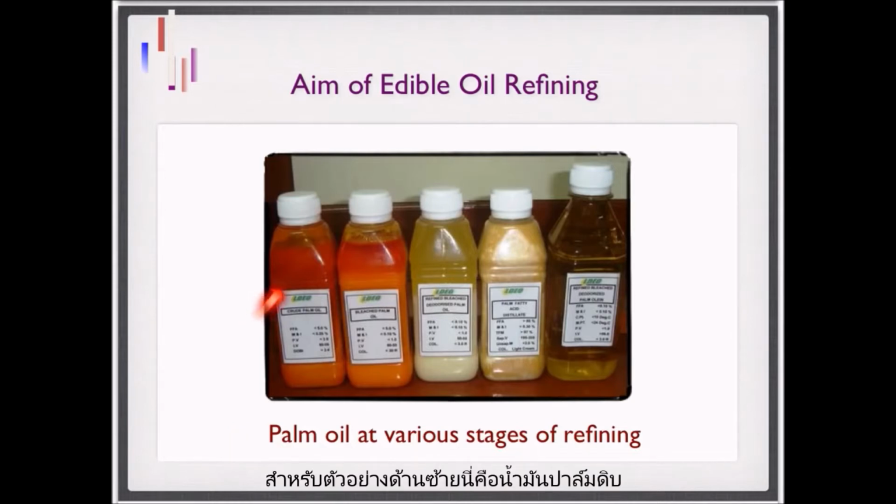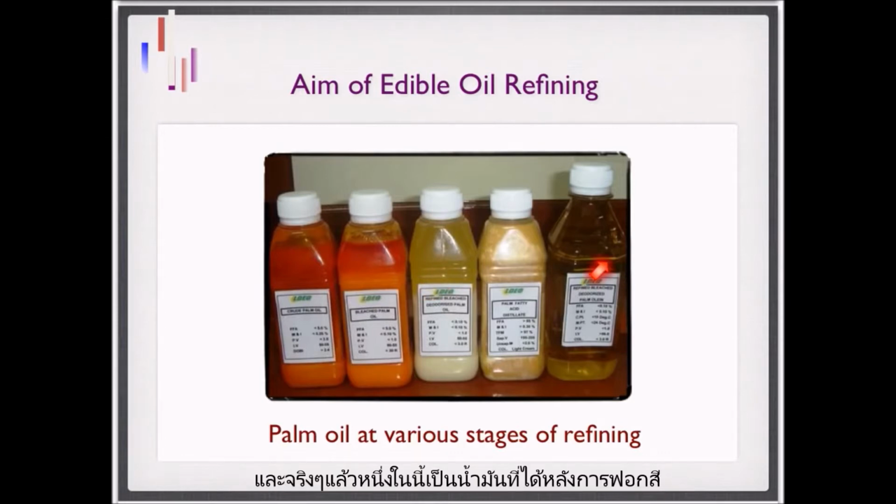So for example, on the left here, this is a crude palm oil. Then after the bleaching stage to remove the pigments, you can see the color is lighter. So this is a bleached palm oil. Then in this picture, this is actually after the bleaching and deodorization to remove the fatty acids. You can see the color is much lighter.